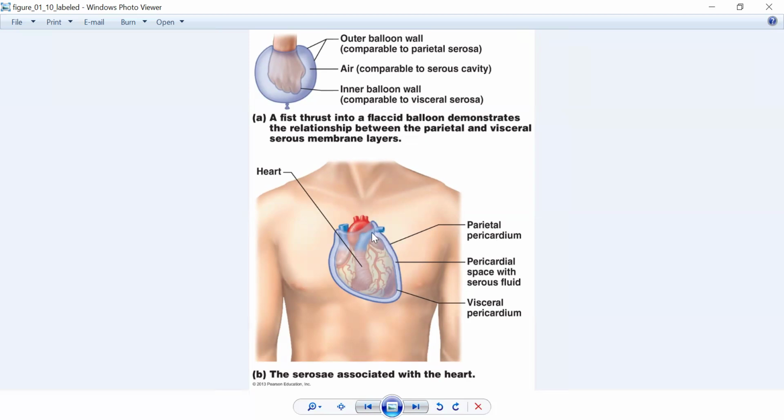Now, because this membrane backfolds, it forms a space in between called the pericardial space. Not necessarily the cavity, even though it has the same spelling, but the space between the membrane. And in the space is fluid. The fluid is called serous fluid, and the function of that fluid is to provide lubrication.